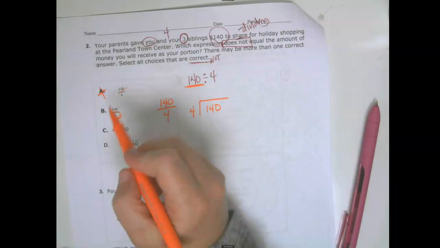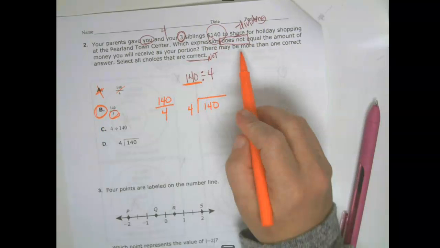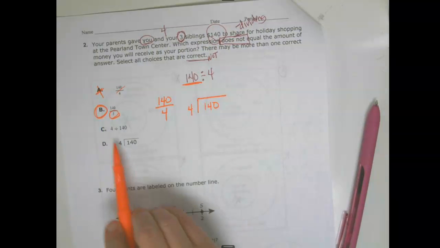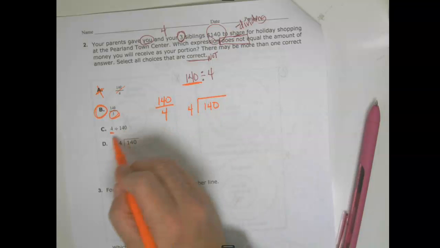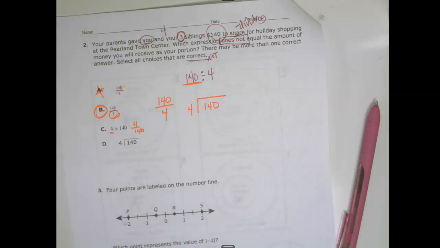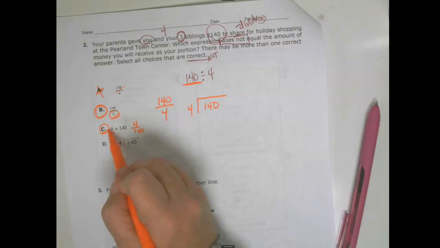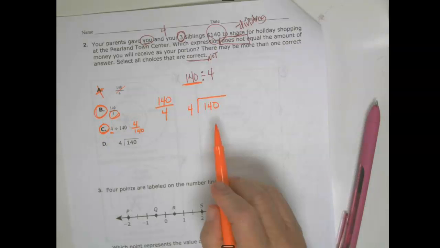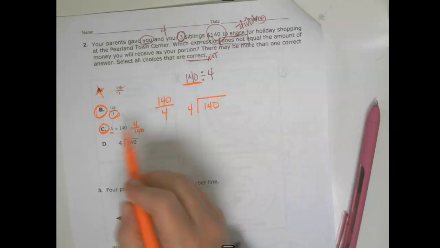So this could be one of them because it is not. This is not how we write it, because if we wrote it like this, it would be 4 over 140. So this could be a choice. And I just wrote this one, so I know this one's not it. So my 2 answer choices are B and C.